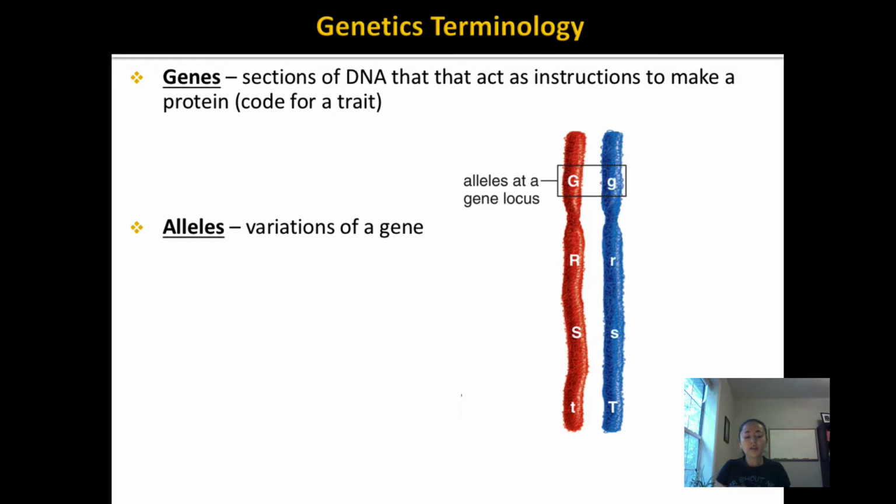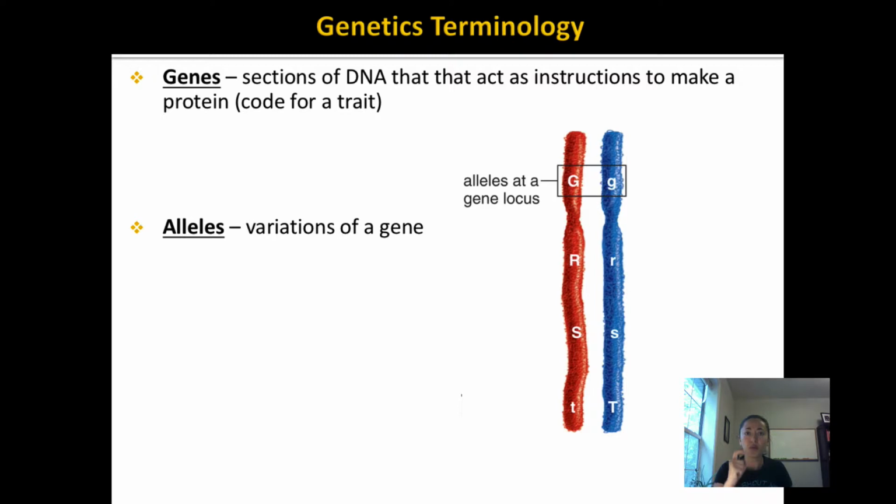Now, when we're talking about very simple genetics, there's only two variations of a gene that are typically present. One variation of this gene is called a dominant allele. Okay? The dominant allele or dominant variation is called dominant because if an individual has that variation of the gene, they will always express that variation.